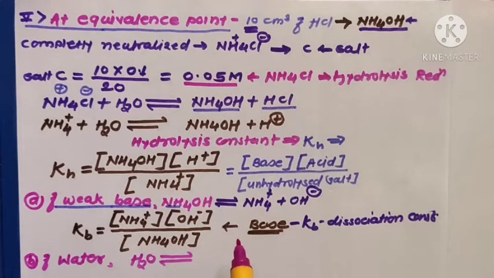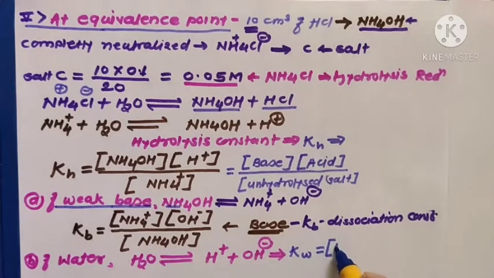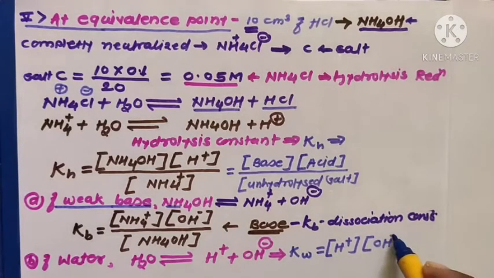It ionizes in the form of H+ ions plus OH- ions, for which Kw, the ionic product of water, is equal to the concentration of H+ ions into the concentration of OH- ions.